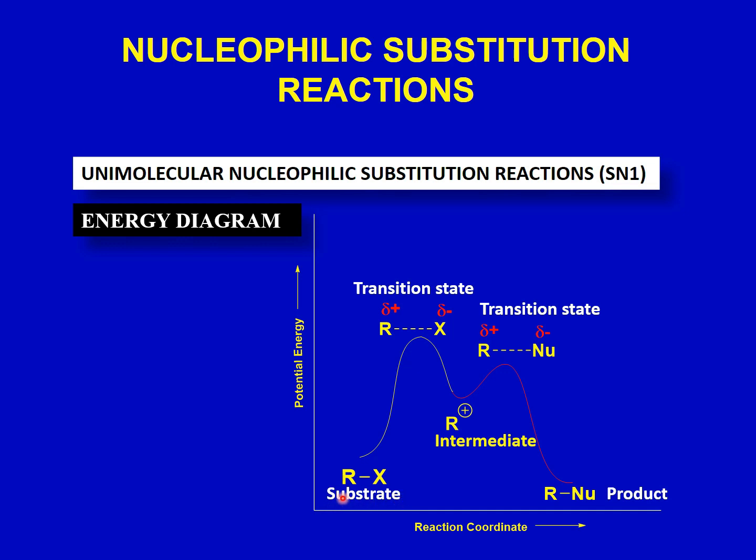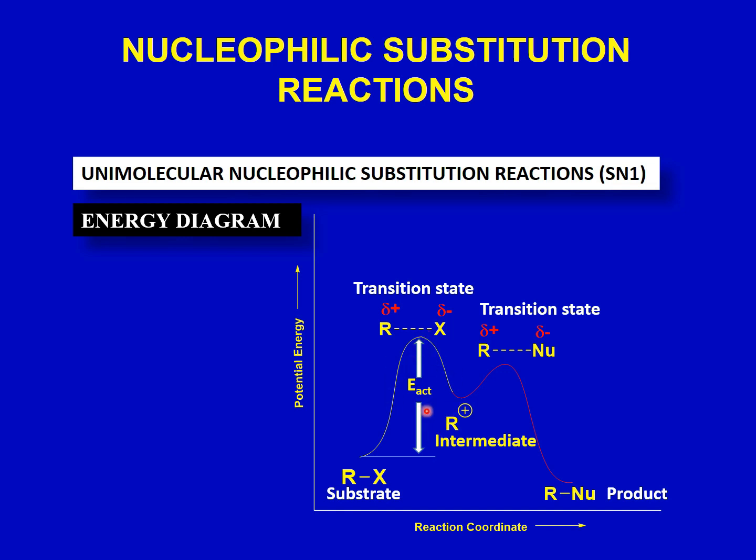So in the first step, we are going from a neutral molecule to a high energy intermediate, and it goes through a transition state which has to cross a high energy hill, and to do so it needs energy. This substrate needs some energy to cross this energy hill, and this energy is known as the energy of activation or activation energy.